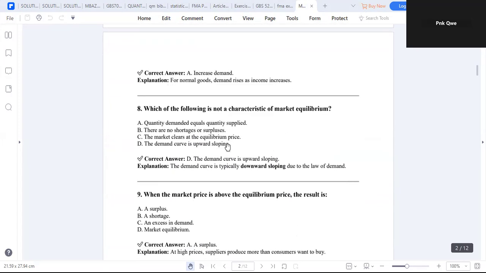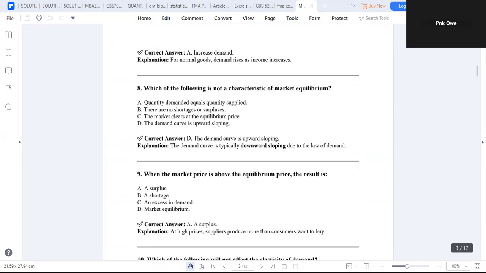All right. Which of the following is not a characteristic of market equilibrium? Typically, demand is downsloping due to the law of demand. Quantity demanded at equilibrium should be equal to the quantity supplied.